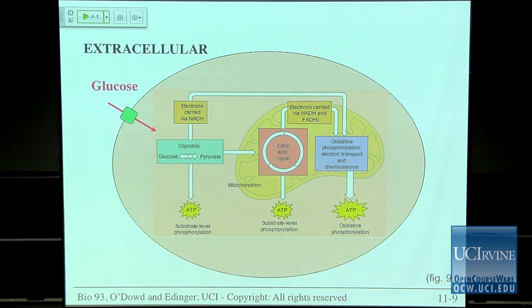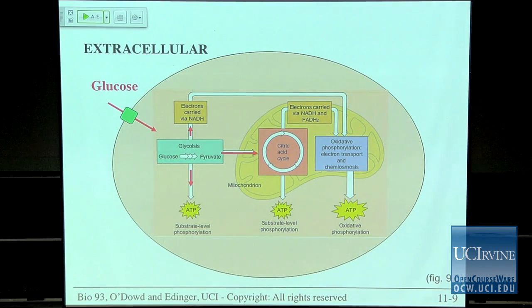And then once glucose is in the cell, it undergoes the process of glycolysis, and through that process, it's going to produce a little ATP. We'll look at that. It also is going to produce some NADH, so it's going to take some NAD+, add some electrons to it, so that can then go over and power oxidative phosphorylation.